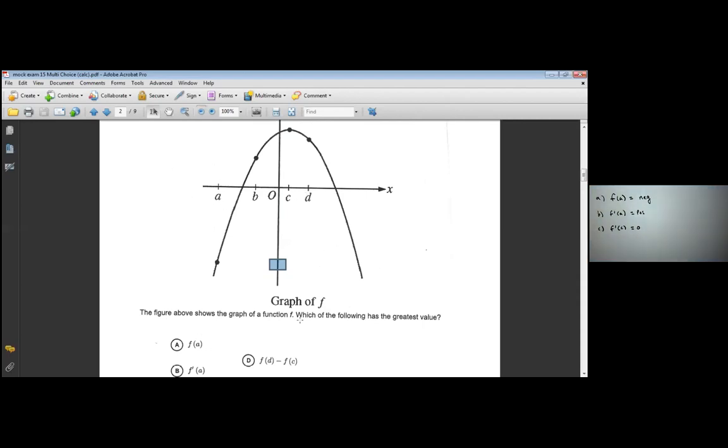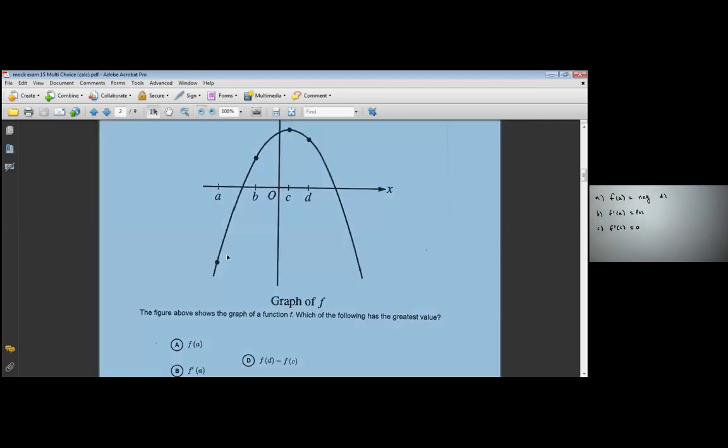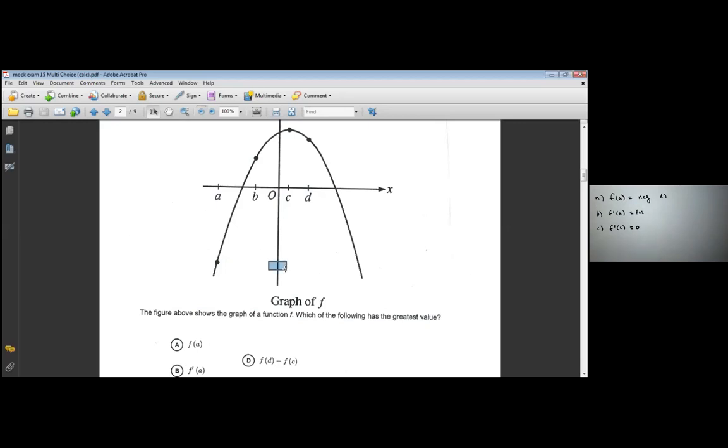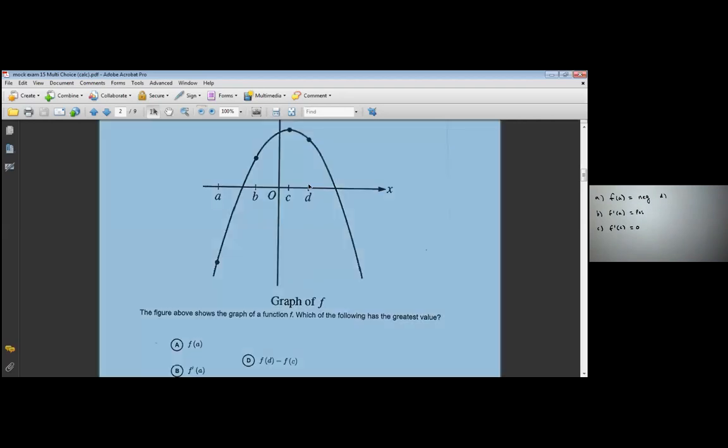All right, what do we got for D? F of D minus F of A. Let's just pretend for a second this is, I don't know, -5. F of D minus F of C, that's going to be, let's just say, 3 and 4. Either way, these two numbers are super close, right?